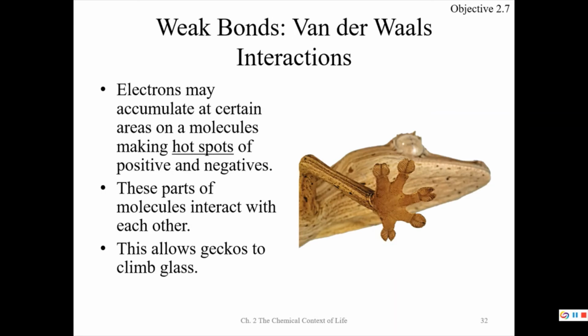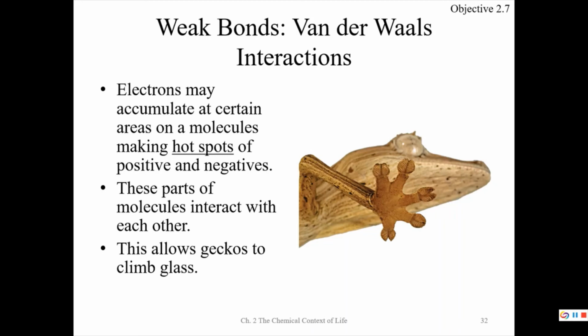All right, now electrons. They can also accumulate in a molecule. For example, some molecules have hot spots of positive and negative. These positive and negative hot spots can either attract or repel. Opposite charges will attract and like charges will repel each other, and this is what we refer to as a van der Waals interaction.